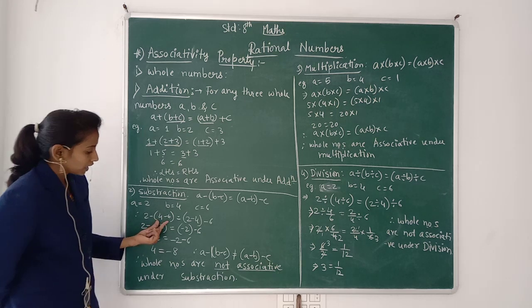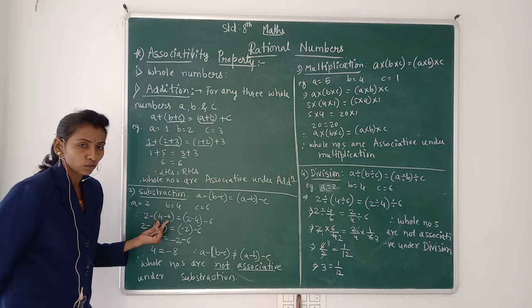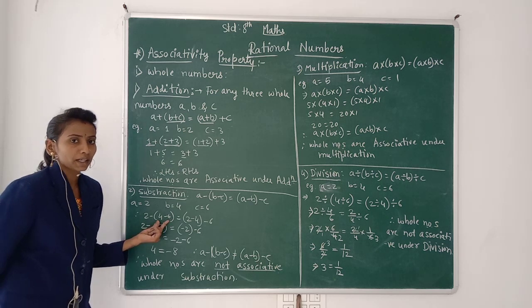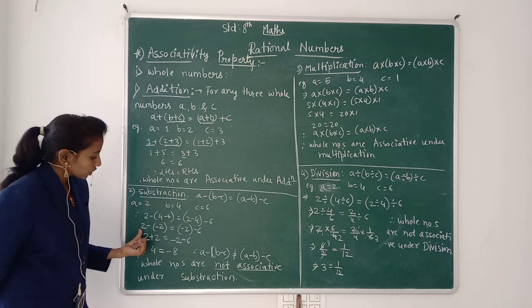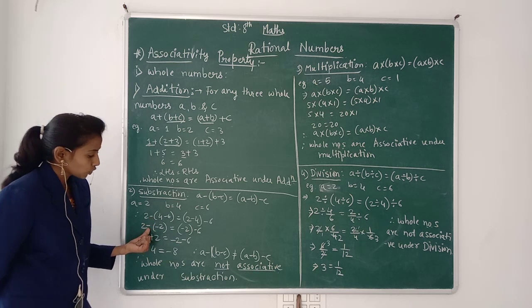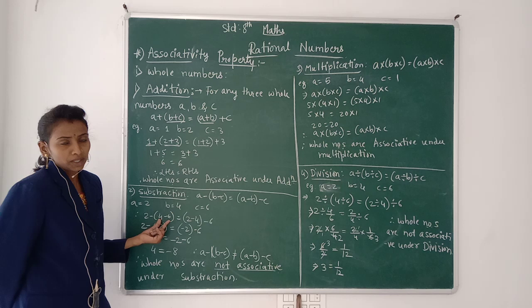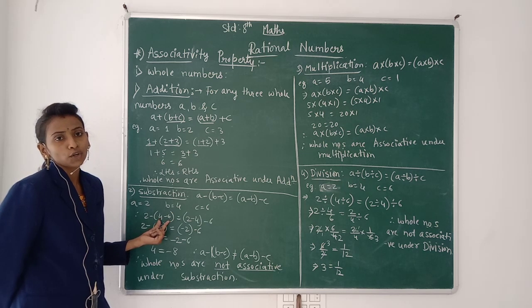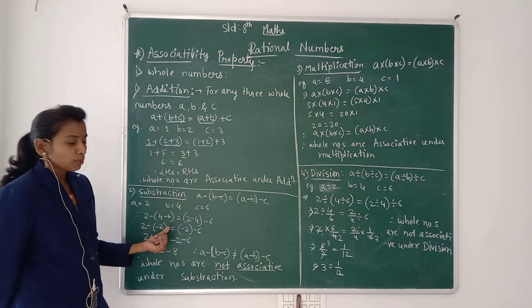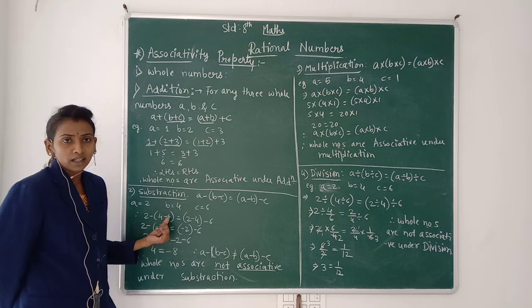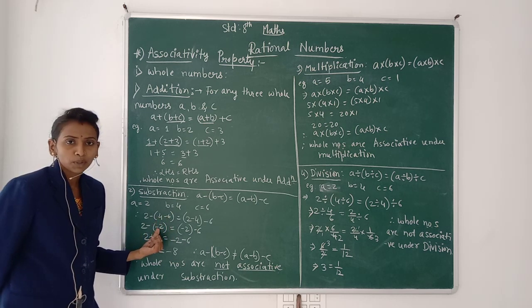So 2 you have to keep as it is, minus also as it is. In the bracket we have 4 minus 6, which means from 6 you subtract 4, that becomes 2. Before 6 we have a minus sign, so that minus sign you place before 2.